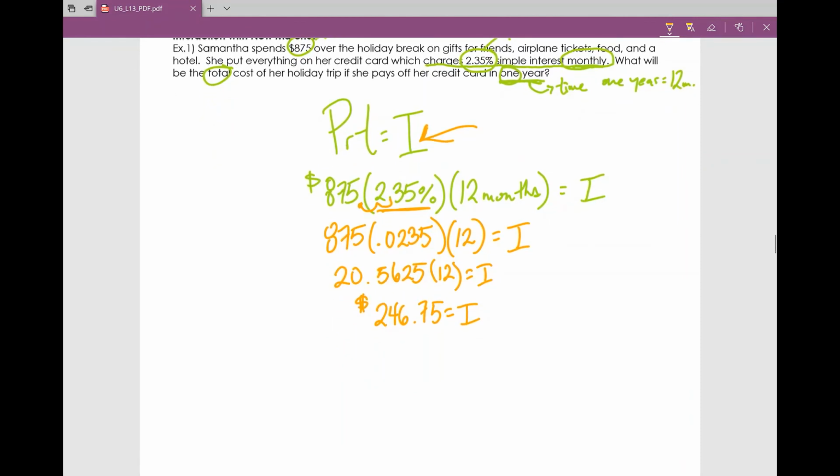She spent, looks like, $875. And in addition to that, also racked up this much money. So we add it together, and then we're going to get our final cost of $1,121.75.